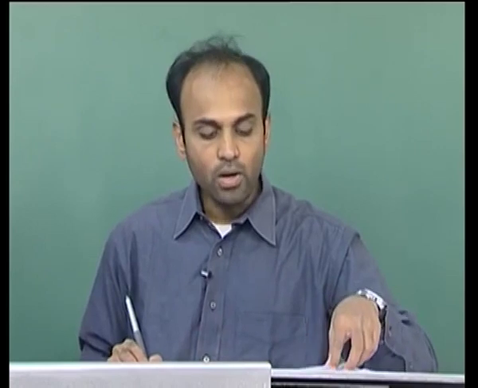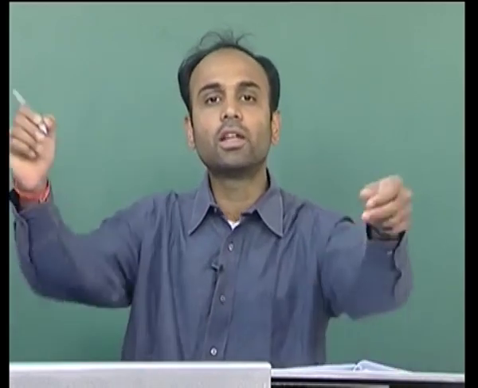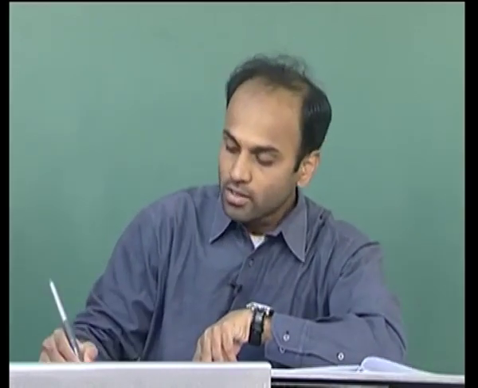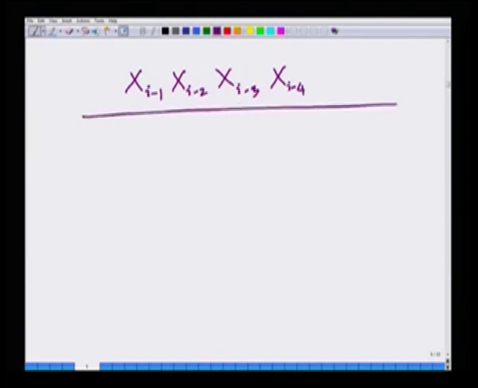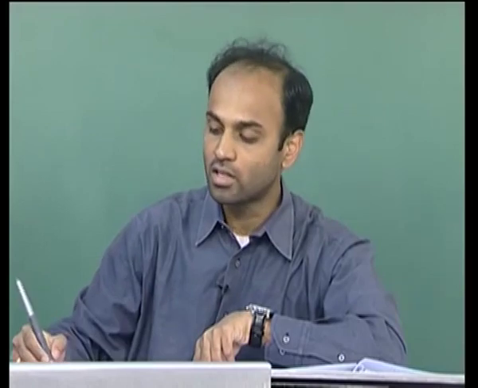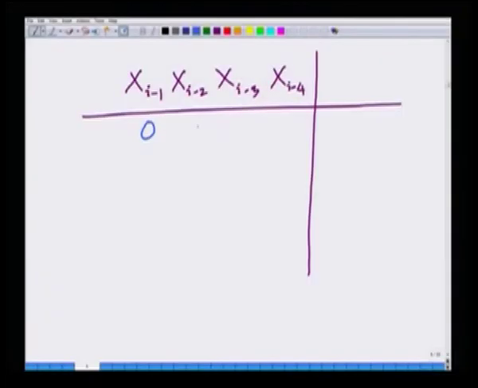Okay. Now let us look a little bit more closely at the all 0 state. Let us take xi minus 1, xi minus 2, xi minus 3, xi minus 4 as the all 0 state. Let us see what happens if this register is in the all 0 state. So xi minus 1 is 0, xi minus 2 is 0, xi minus 3 is 0, xi minus 4 is 0.